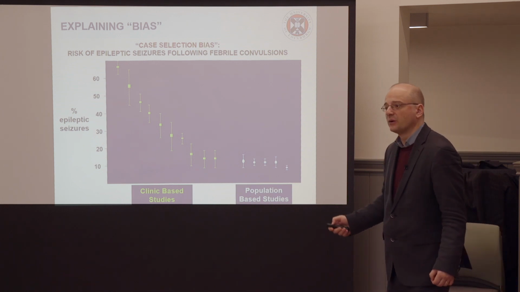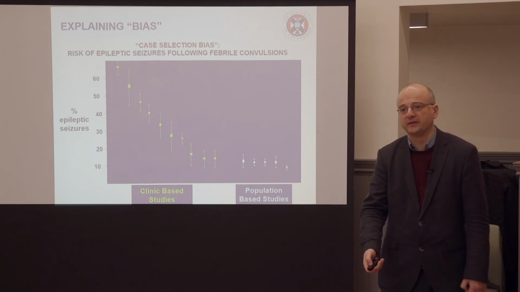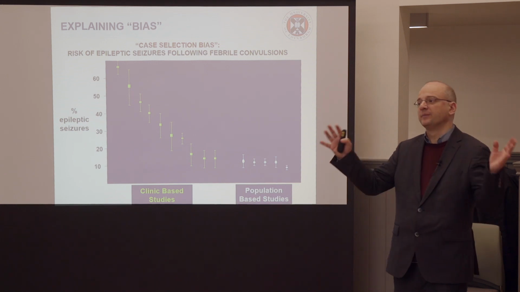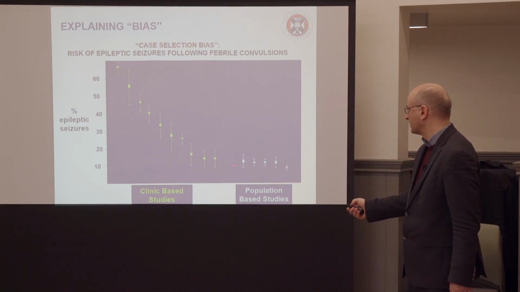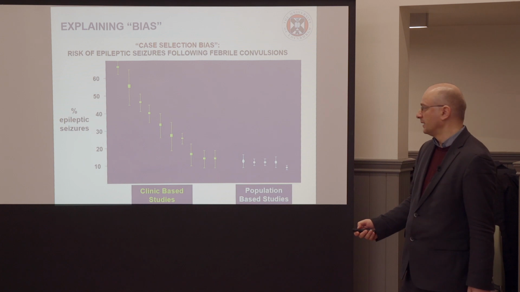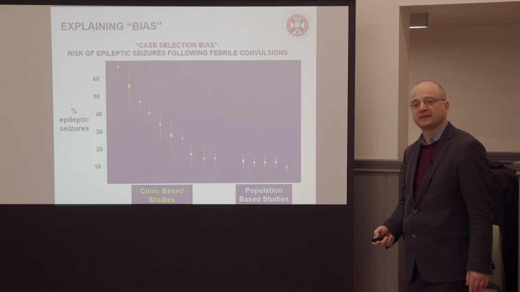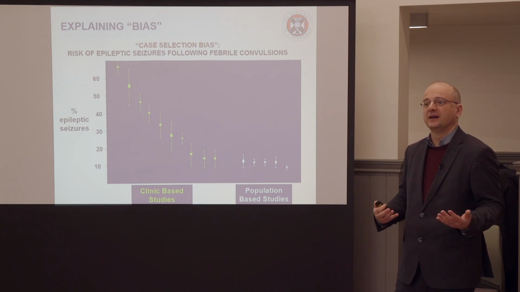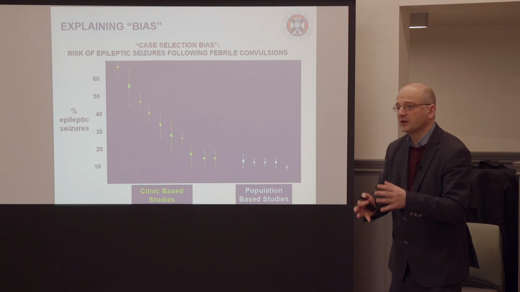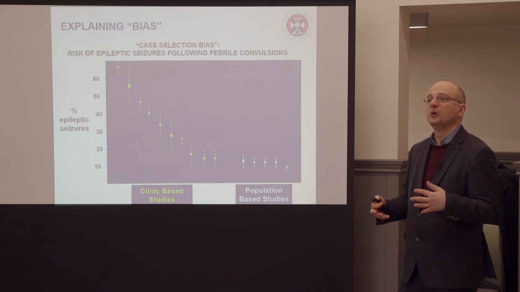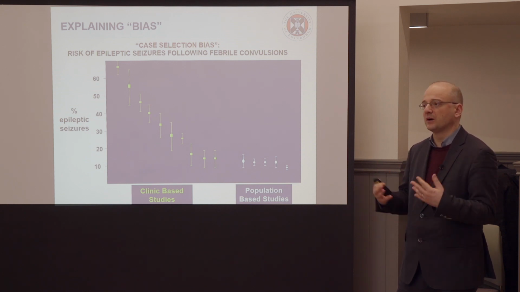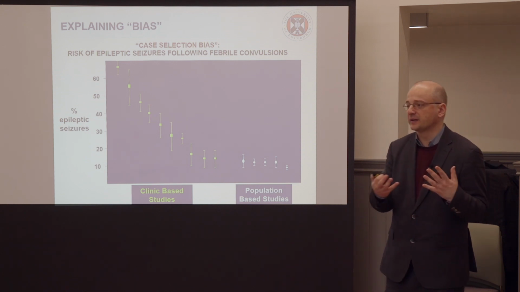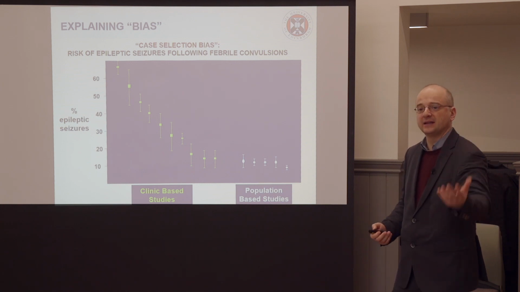So in hospitals, you always cluster the most severe cases, and you should never make projections about the whole population based on hospital-based studies, especially when you don't have universal access to healthcare, because hospitals concentrate people who felt at home that they could no longer deal with the problem, and even their GP couldn't deal with the problem, and they end up in the hospital.